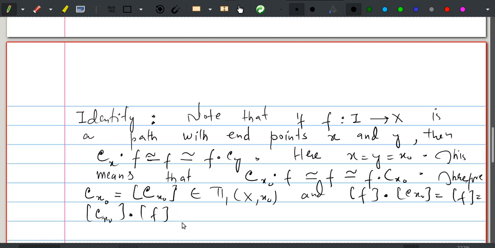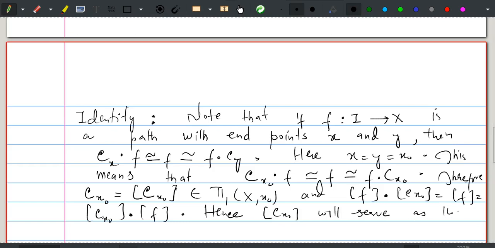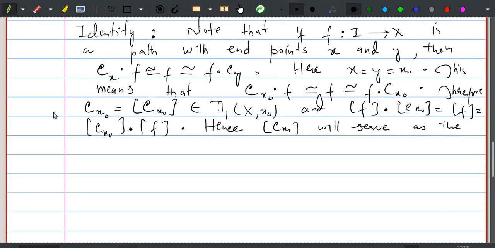So this means that the homotopy class of cx naught will serve as the identity element of pi 1 x x naught. Hence cx naught will serve as the identity element of this set here.